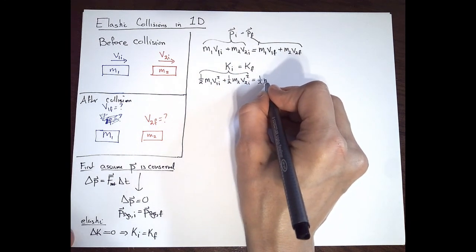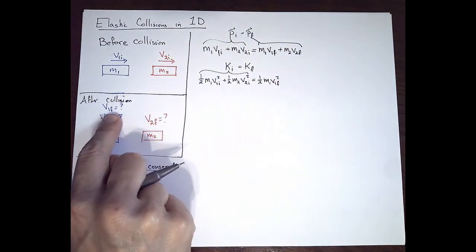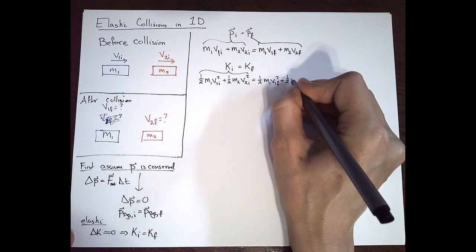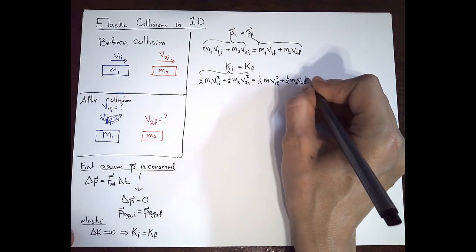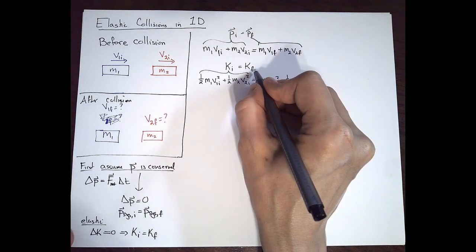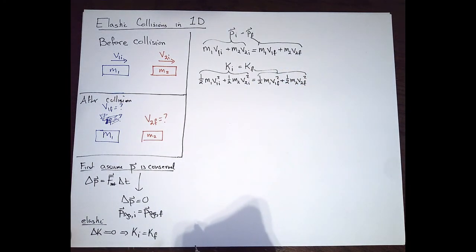The final kinetic energy is 1/2 mass 1 times its final speed squared. We don't know what that number is, but we've got a symbol for it, so we'll go ahead and use it. And then also the kinetic energy of the second mass after the collision, which is 1/2 m2 v2f squared. So this over here, that's going to be our final kinetic energy.